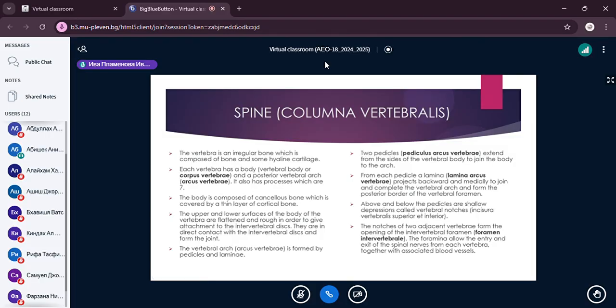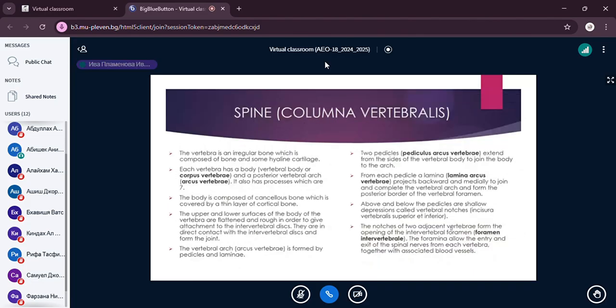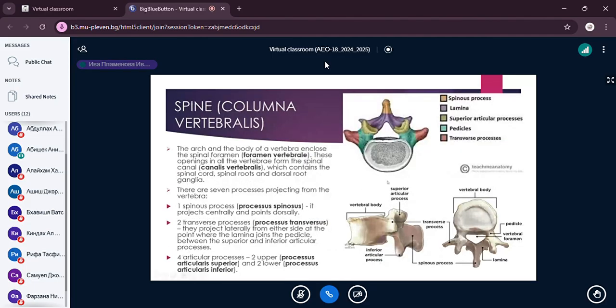We have superior and inferior. And the notches of 2 adjacent vertebrae form the opening of the intervertebral foramen, where exit the spinal nerves. Here. We will see it on the next slide.